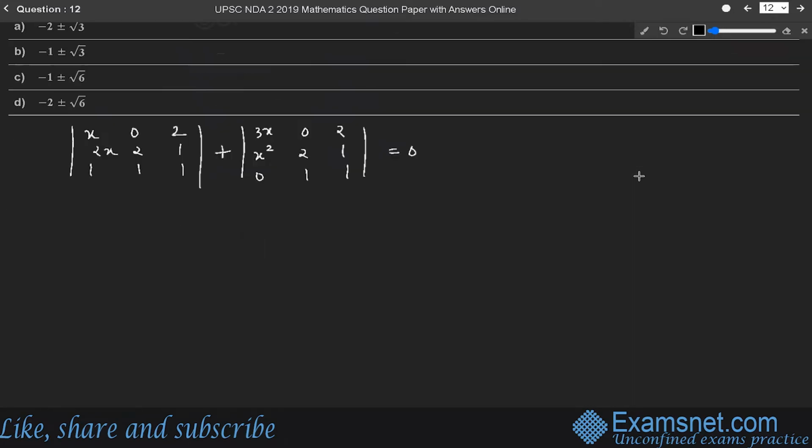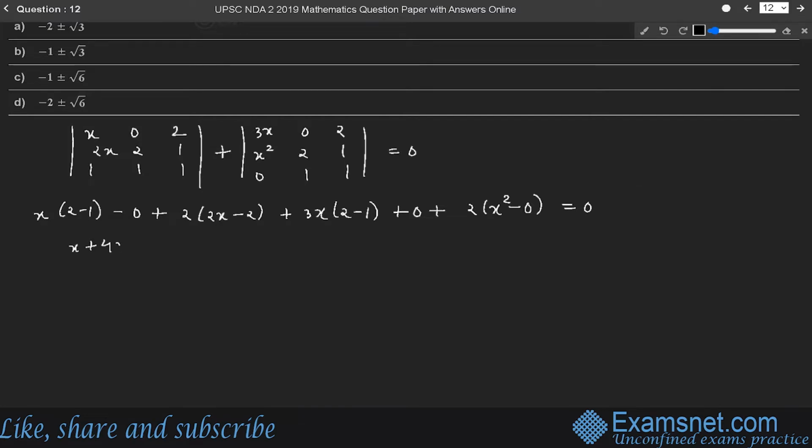On further expanding this, it will be x into 2 minus 1 minus 0 plus 2 into 2x minus 2 plus 3x into 2 minus 1 plus 0 plus 2 into x square minus 0 is equal to 0. So it will be x plus 4x minus 4 plus 3x plus 2x square is equal to 0. 2x square plus 8x minus 4 is equal to 0, or x square plus 4x minus 2 is equal to 0 on taking 2 common.